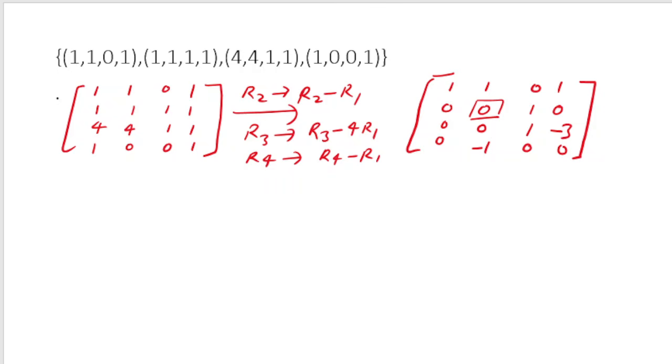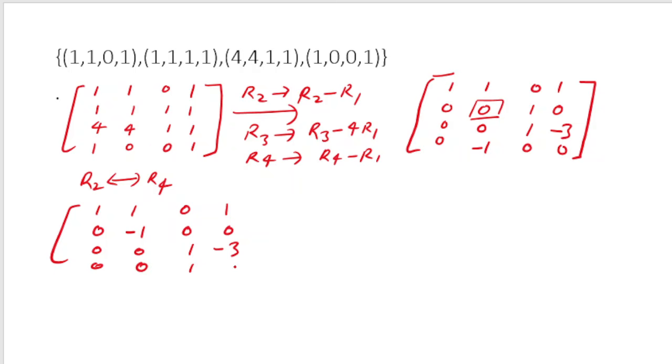So it means I will be doing the row exchange. I will be exchanging the second row with the fourth row. So this matrix will become 1 1 0 1 and 0 minus 1 0 0, and then the third row is as such 0 0 1 and minus 3, and the last row will become 0 0 1 and 0.